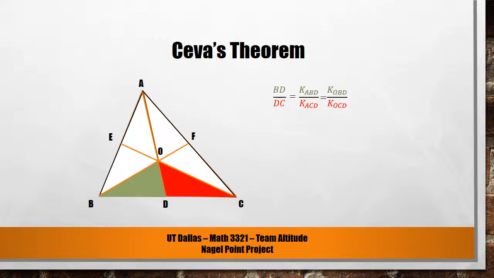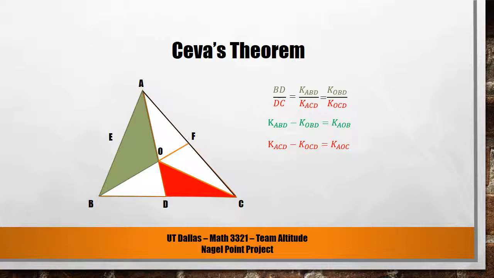By using simple subtraction, the area of ABD minus the area of OBD equals the area of AOB. Similarly, the area of ACD minus the area of OCD equals the area of AOC.